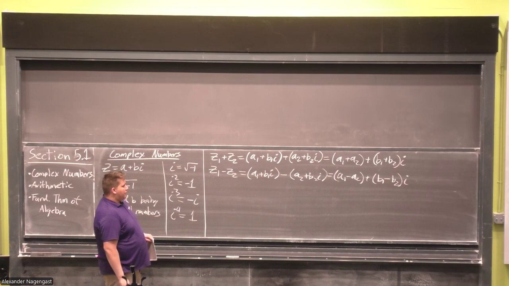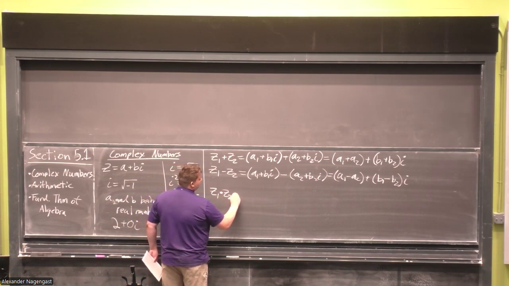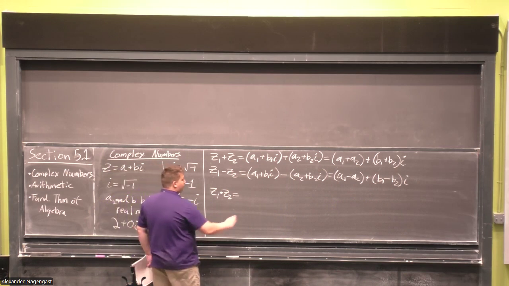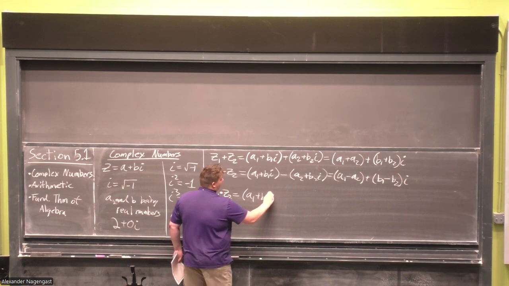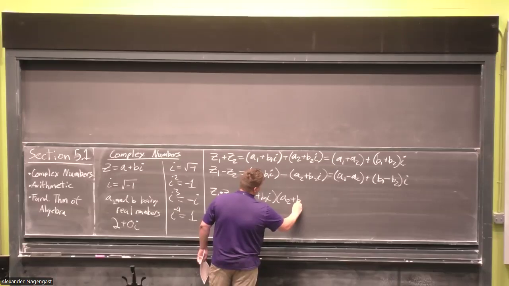And so then for z1 times z2, we're going to write it as two binomials. So we have a1 plus b1i times a2 plus b2i.